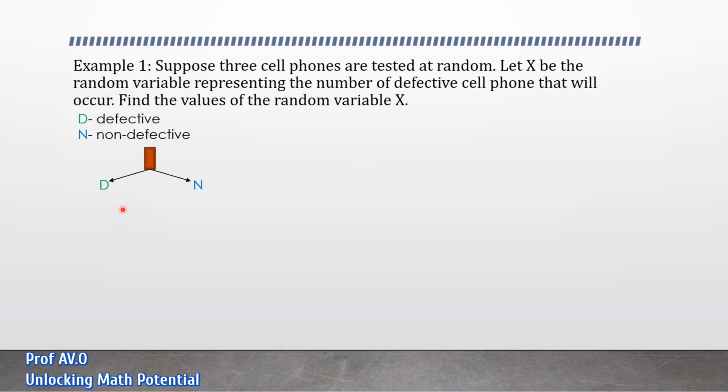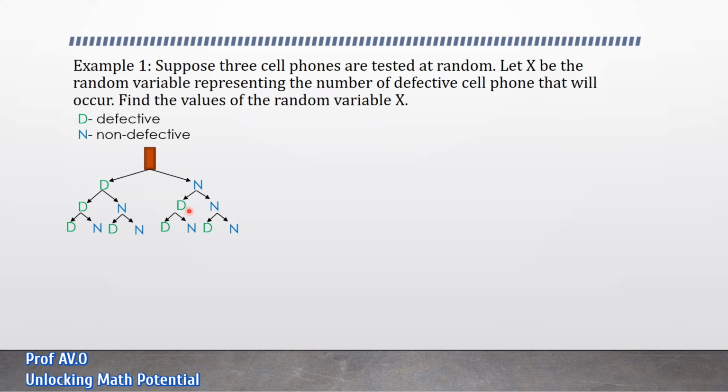For the second test, either defective or not. And for our third or last test, defective or not. Okay, so we will stop here since we have only 3 cell phones, so we need only to test our cell phone 3 times. What I just did is an experiment.